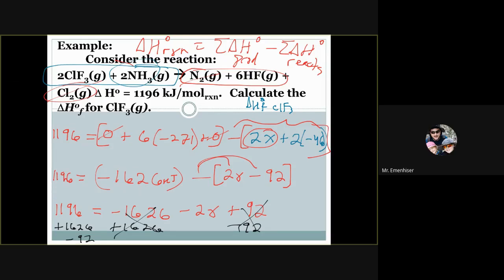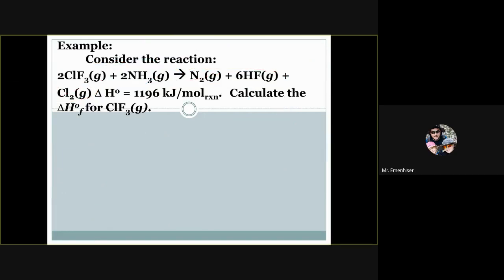Okay. And then on this side, I'm going to have a minus 2x. So my answer is going to be negative at the end. And then all of this added up will give me the left side. And let's see, what do we get? Actually it's a positive. We're going to end up with 2730 kilojoules is equal to a minus 2x. Then we just divide both sides by minus 2.